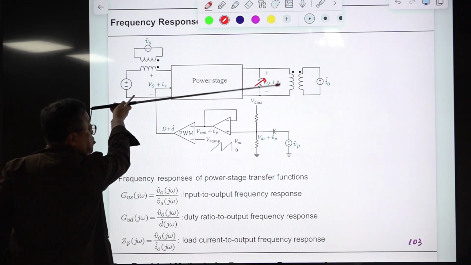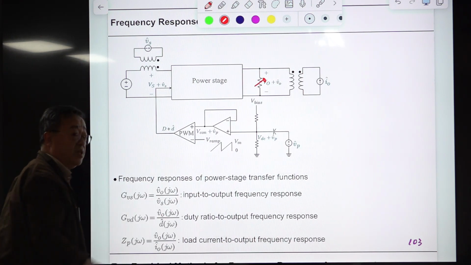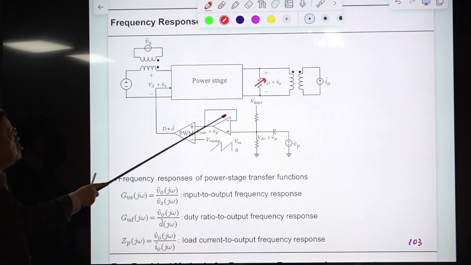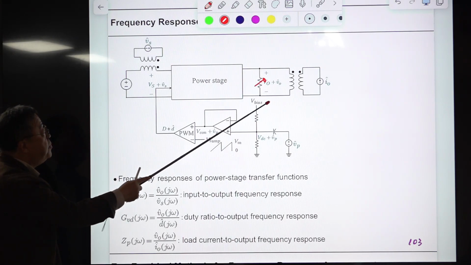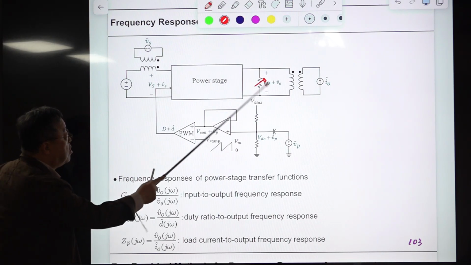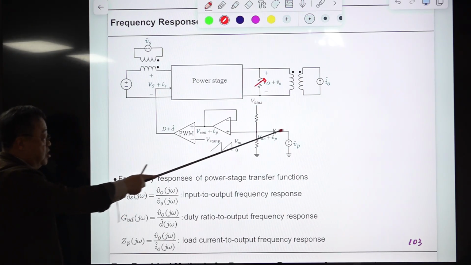So from here to there is the input-output noise rejection ratio. And from here to there is the output resistance, output impedance. And the relationship between these in open loop, and the closed loop transfer functions from here to there, are strongly affected by the control loop design.